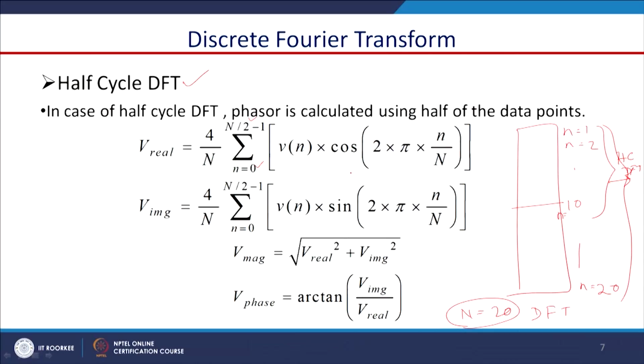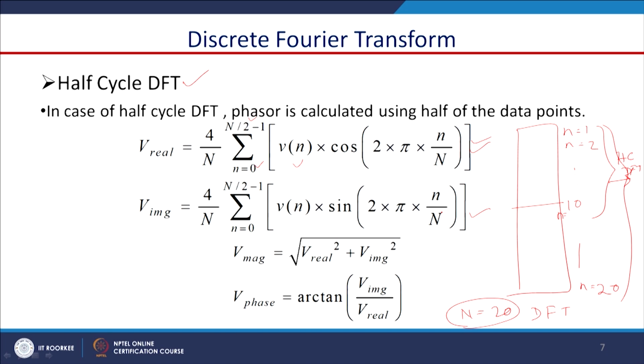Other things remain constant, that is V_n cos(2 pi small n by capital N), and this is our real part, and this is our imaginary part, V_n sin(2 pi small n by capital N).